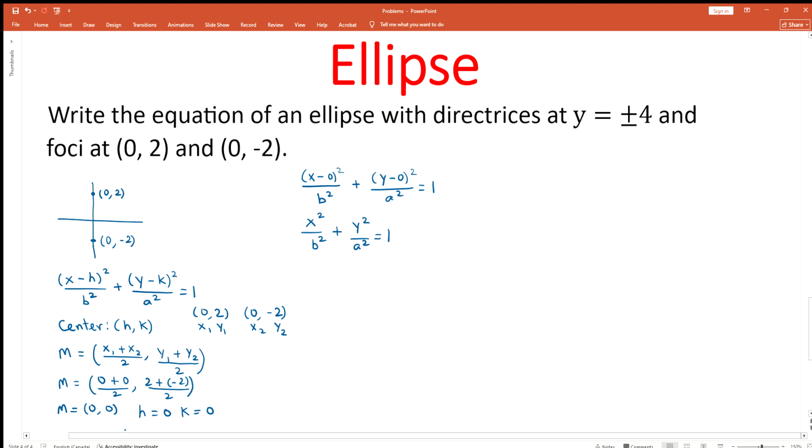The foci points of an ellipse that's taller than wider are given as (h, k ± ae), where e is the eccentricity of the ellipse. For this ellipse, h is equal to 0 and k is equal to 0. So we can use these values.